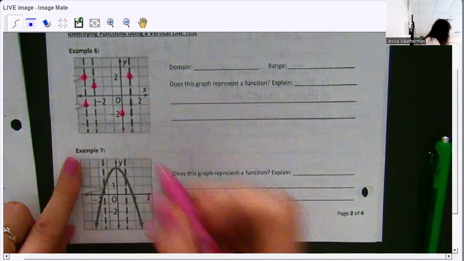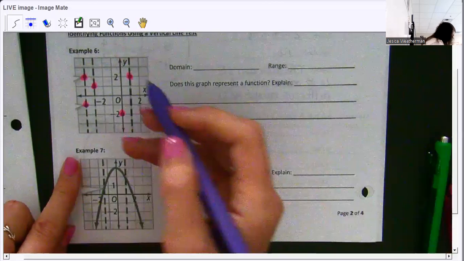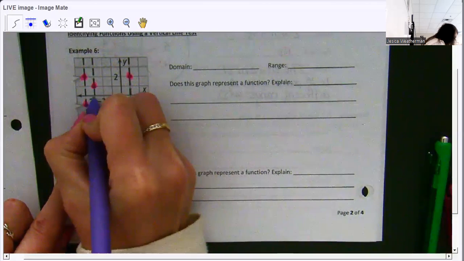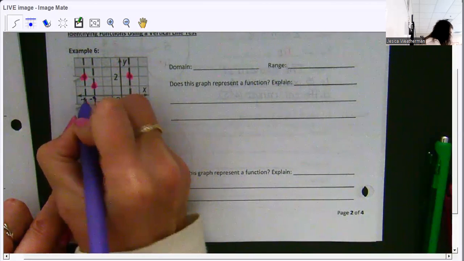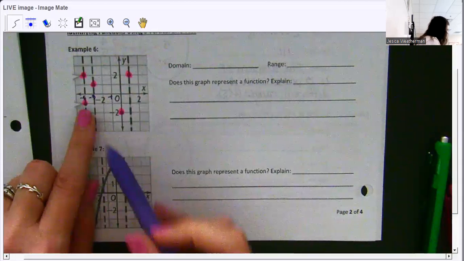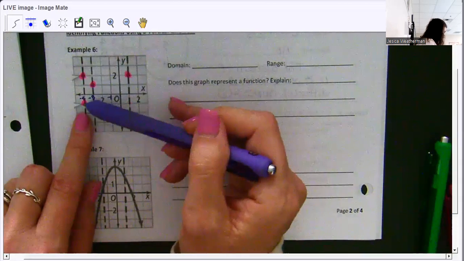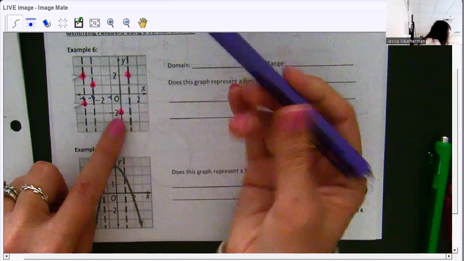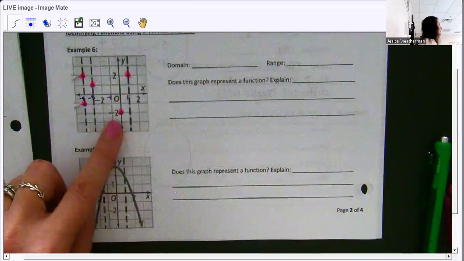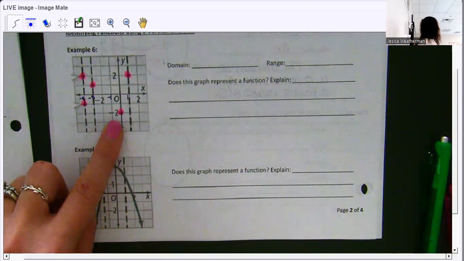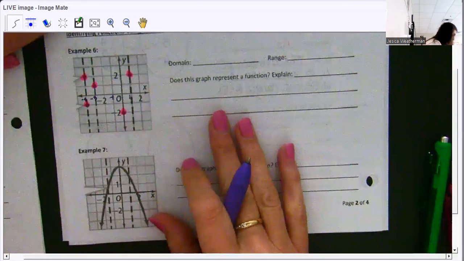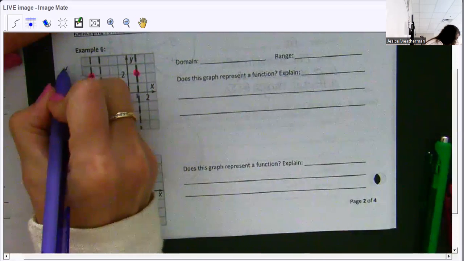We have -4, -3, 0, and 1. However, if you can't see that, then what you would do is you would create a table.